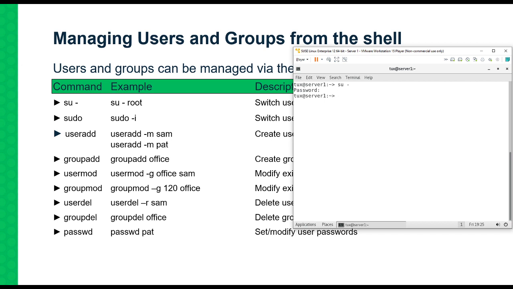I wanted to show you how you can switch user without specifying the root user. So now you can do su minus root, and that should also switch to the root user and then ask us for the password. So let's do that.